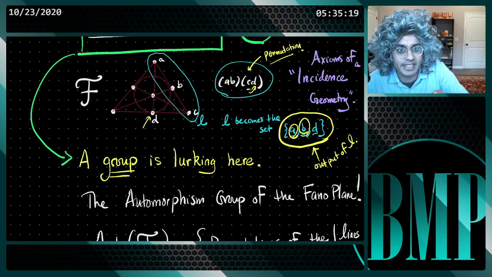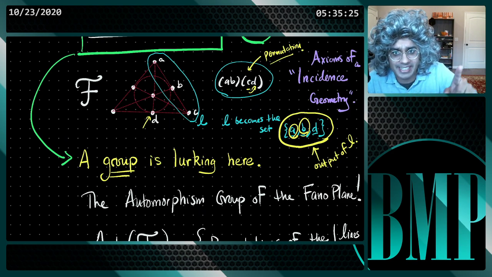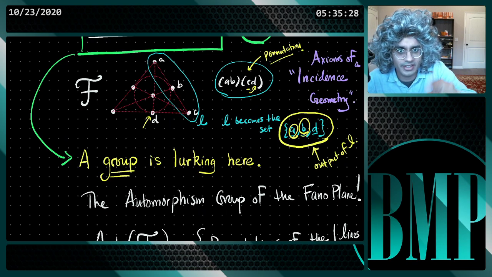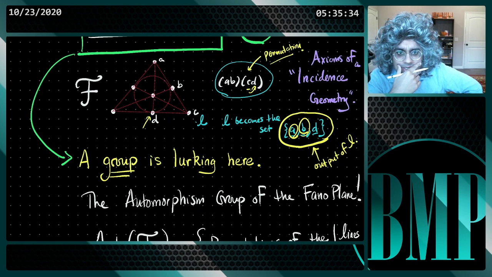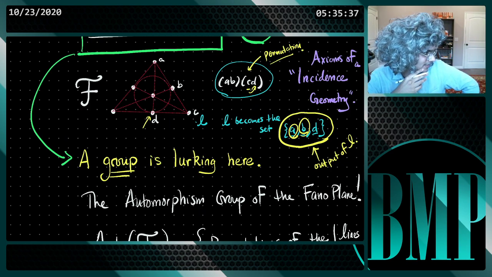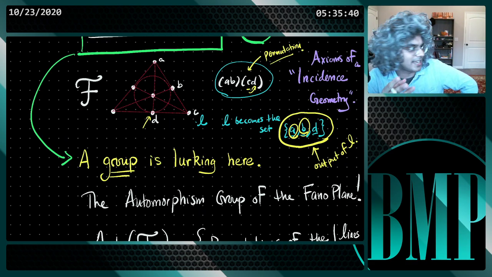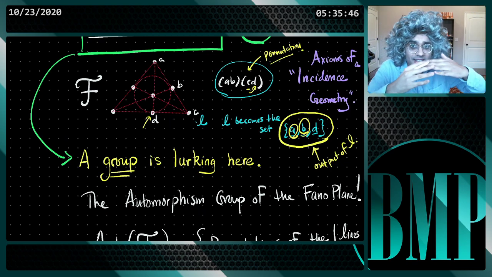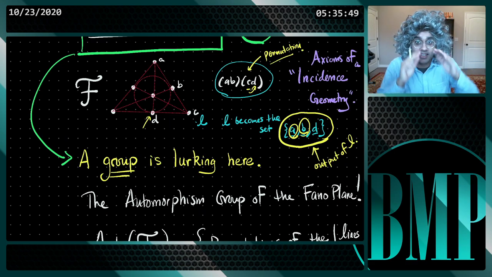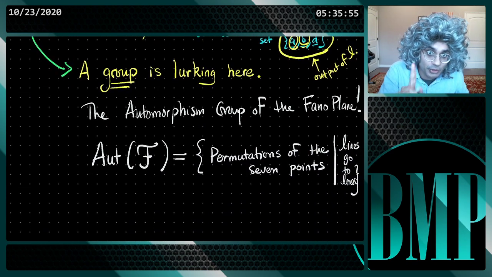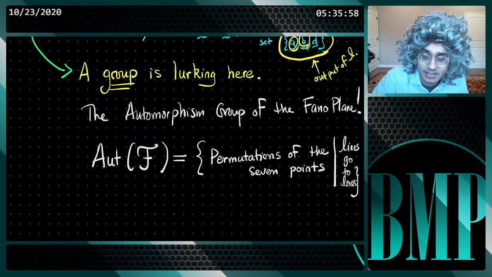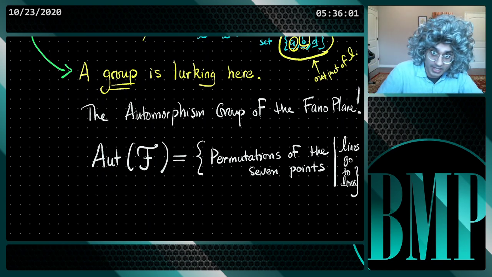Because look, none of the red lines go through A, B, and D. This set is not one of the lines. So straight lines didn't get sent to lines under this permutation. So what's the automorphism group? It's those permutations of the 7 points which send a line to a line.